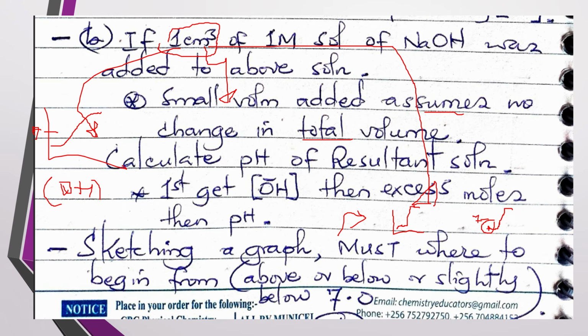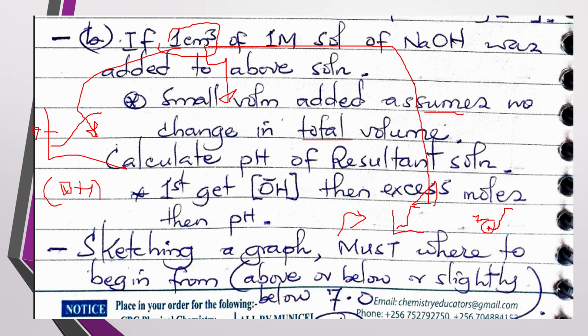In these graphs of ionic chemistry, we test for a student's knowledge of buffer solution together with salt hydrolysis. So your graph, if you are dealing with a weak base and a strong acid, or a strong acid and a weak base, you make sure that you have regions where the steep part is for salt hydrolysis, and then the gradual part is for buffer solution being formed to resist change in pH.